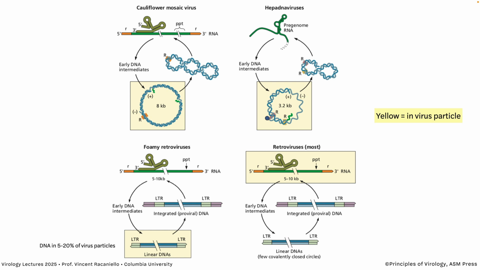Today we have talked about retroviruses, and the yellow box means what's in the virus particle. So for retroviruses, the RNA is in the virus particle, right? You make the particles in a cell, reverse transcription doesn't begin until that particle infects a second cell. So you make LTRs with the proviral integrated DNA, and then you make new viruses from that.